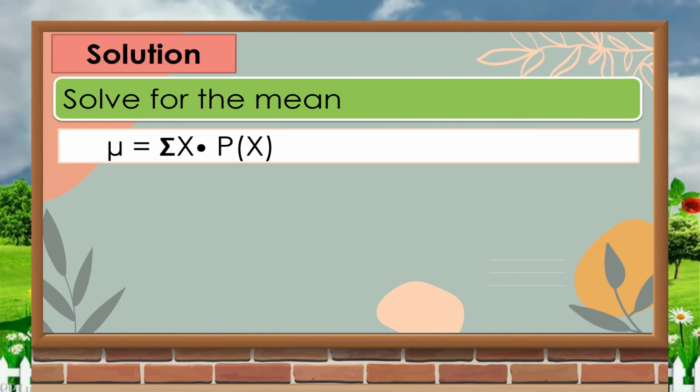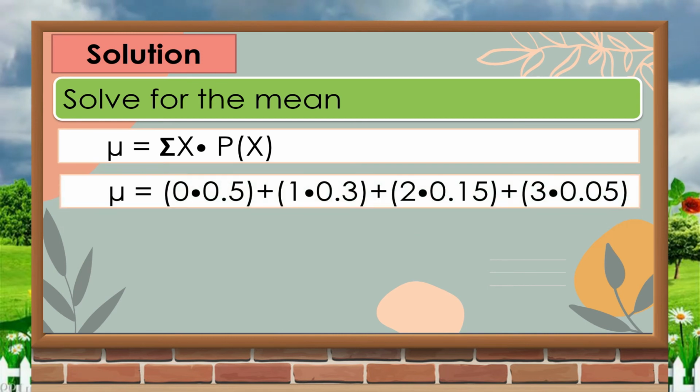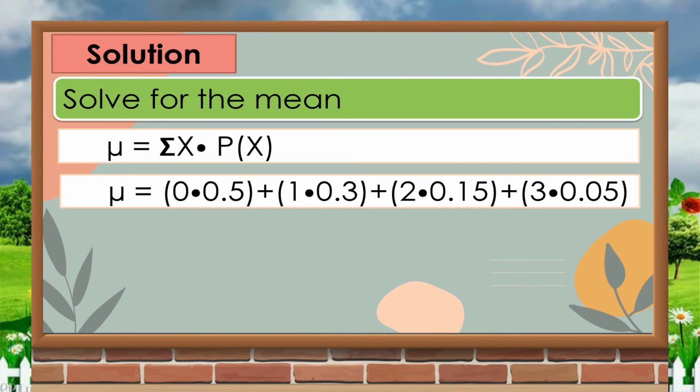The formula for the mean is mu is equal to summation of x times p of x. Getting the values of x and p of x to substitute to the formula, we have mu is equal to 0 times 0.5 plus 1 times 0.3 plus 2 times 0.15 plus 3 times 0.05.